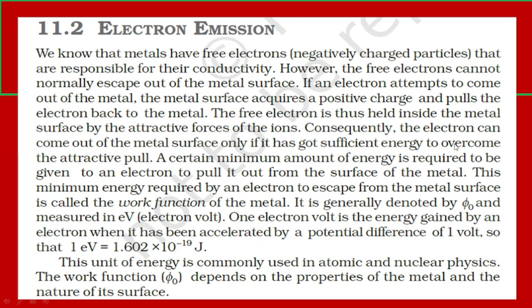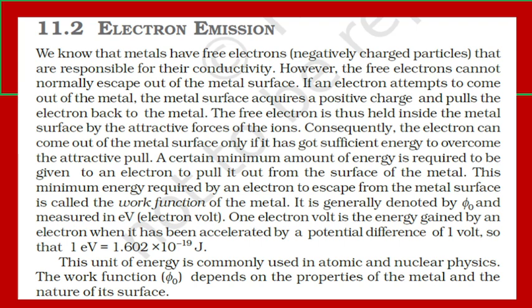has got sufficient energy. When more energy is supplied to the metal surface, the electron acquires that extra energy, which will overcome the attractive pull of the metal surface, and then that electron can come out.